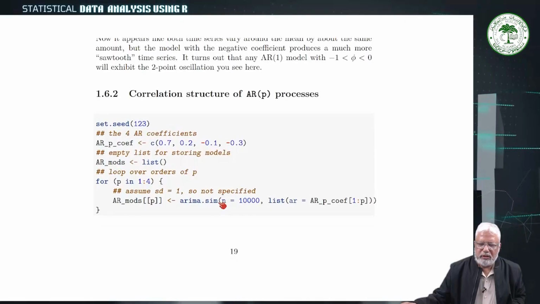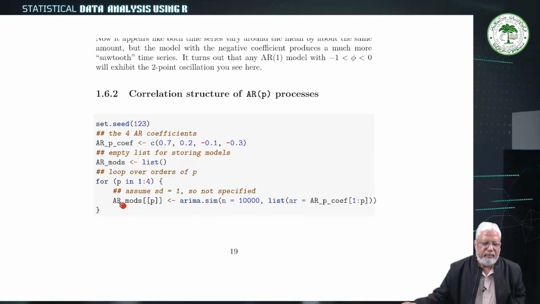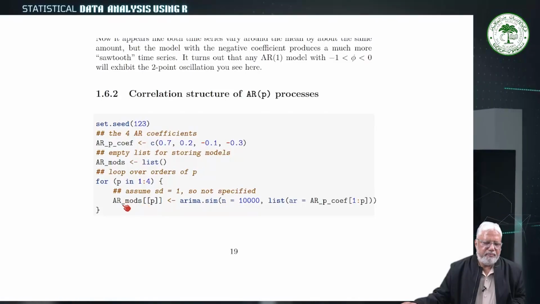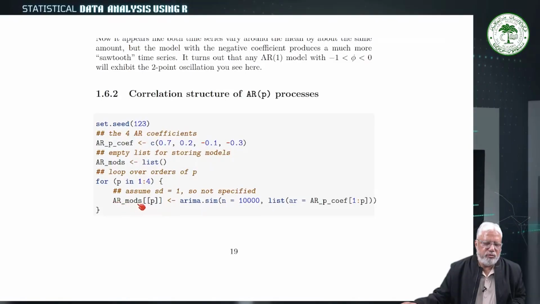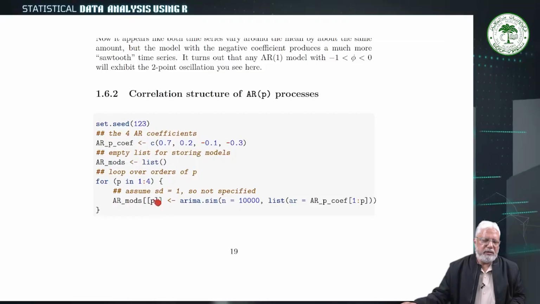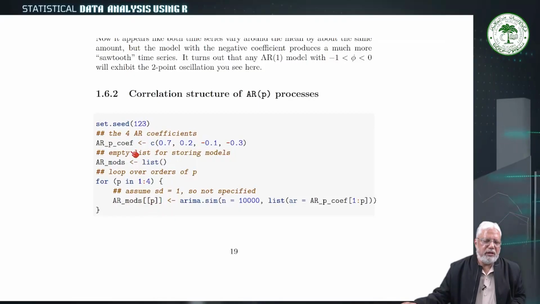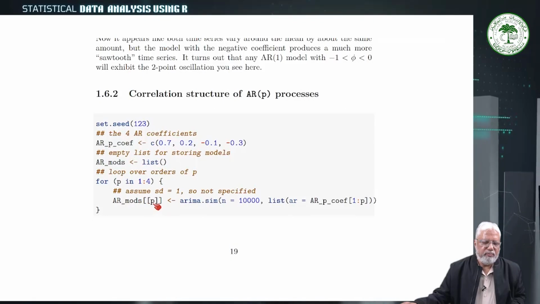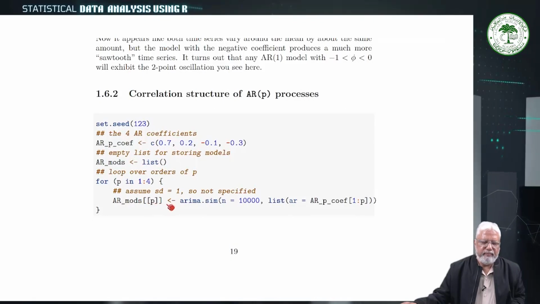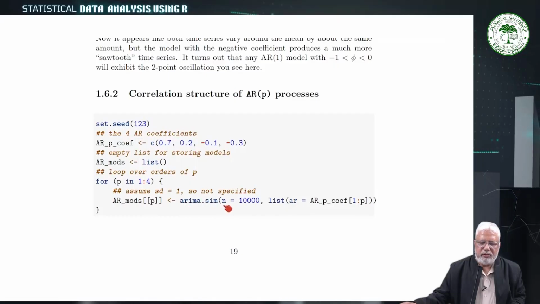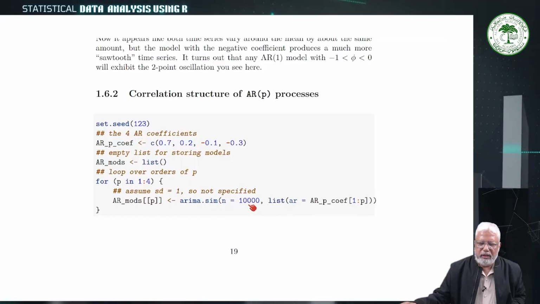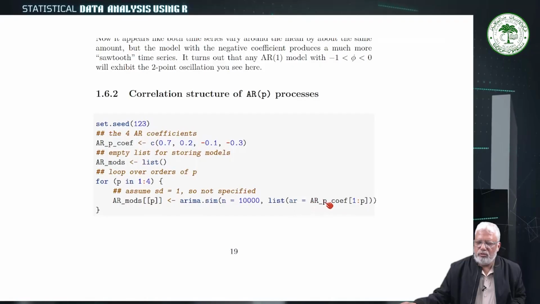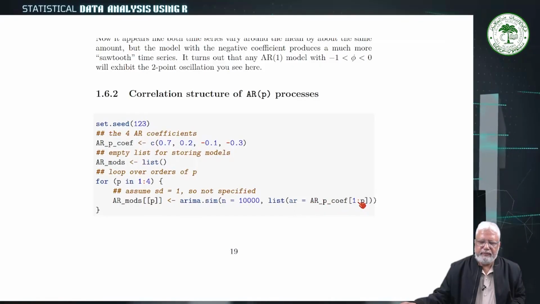Now see here, AR_mods, and this is the list data object, so that's why we are putting this subscript here. arima.sim with n equal to 10,000 and list(ar = AR_p_coef[1:p]).